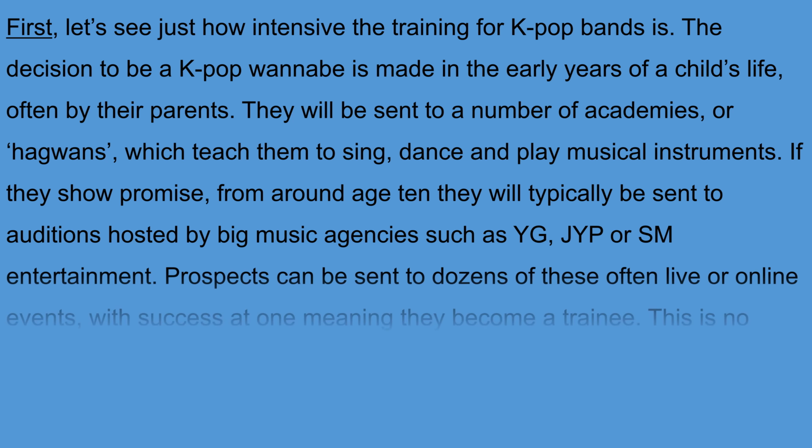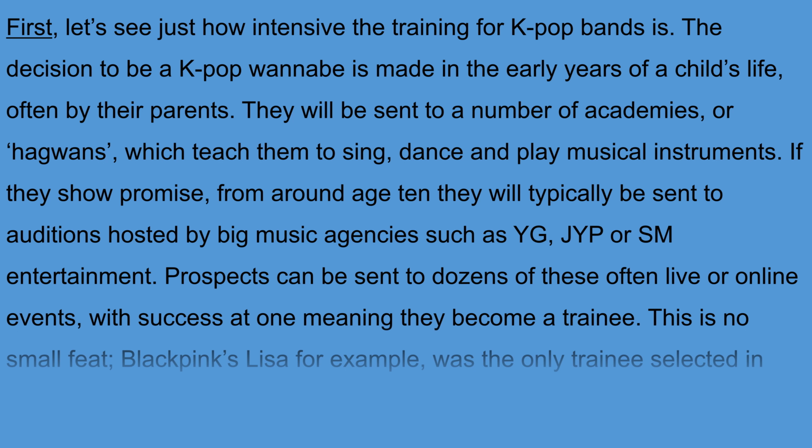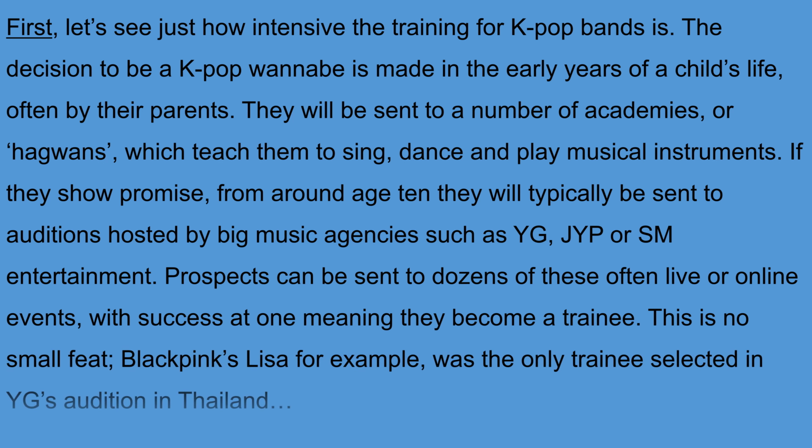They will be sent to a number of academies or hagwons, which teach them to sing, dance, and play musical instruments. If they show promise, from around age 10, they will typically be sent to auditions hosted by big music agencies such as YG, JYP, or SM Entertainment.